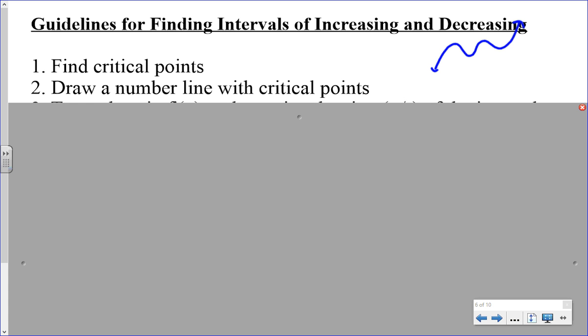I'm going to ask you to draw a number line with those critical points.